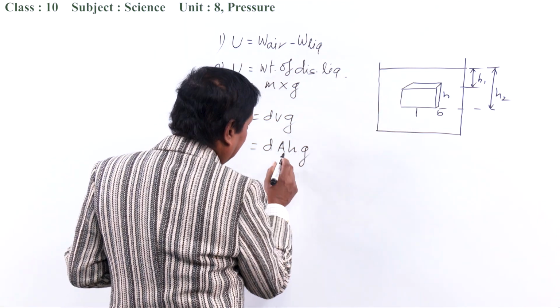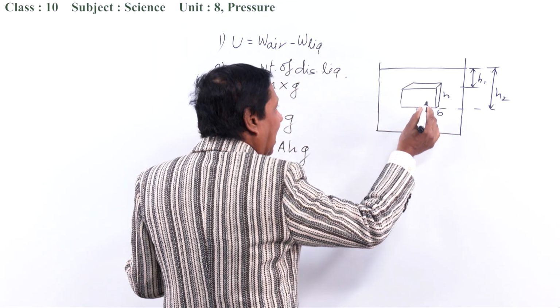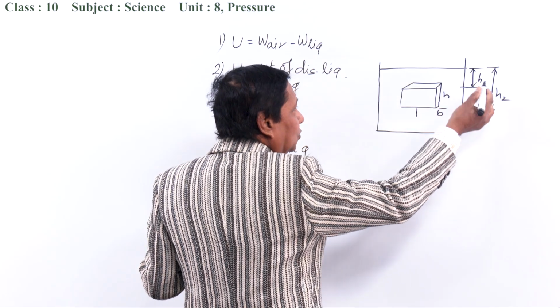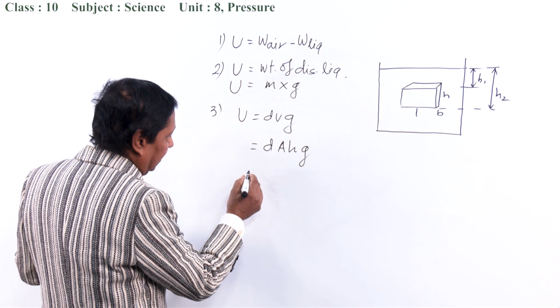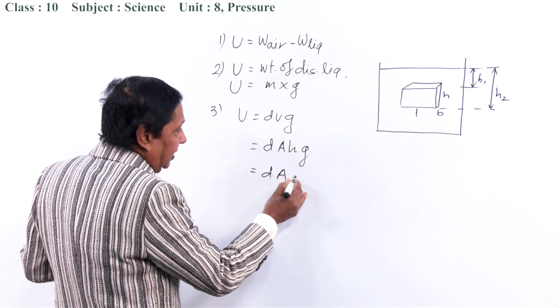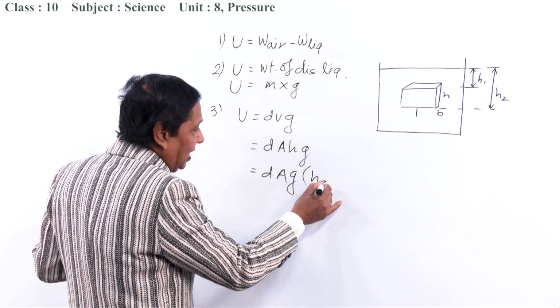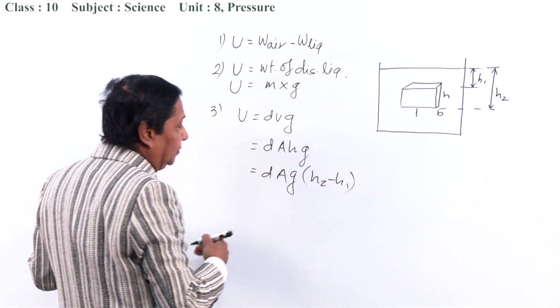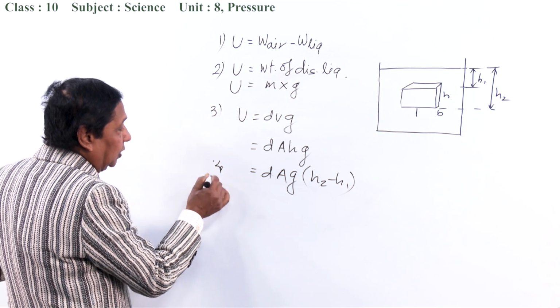And look at this H. H means the height of the body, and this can be written as H2 minus H1. H2 minus H1 gives the height of the body. That's why, taking density d into A and g first, then H is H2 minus H1. Therefore, we can use this equation also, the fourth equation.